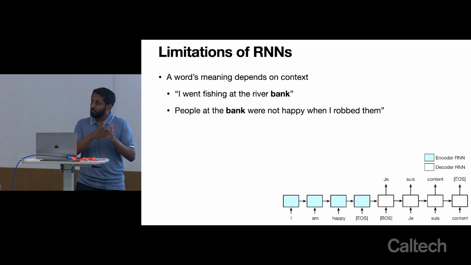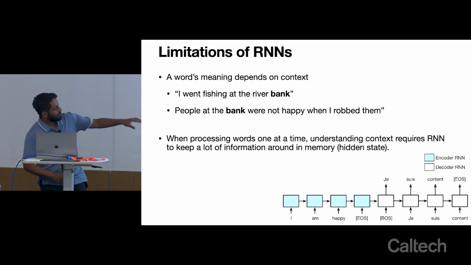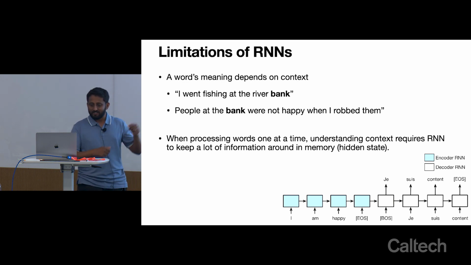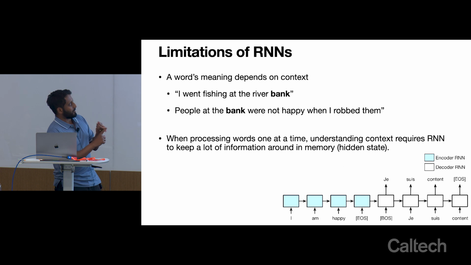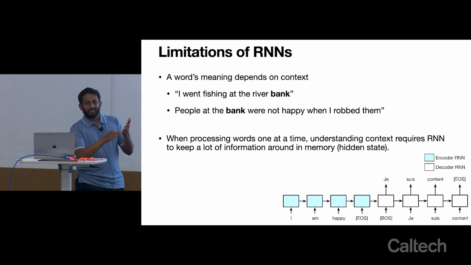But think about what the network needs to do to understand that word bank. Okay, so remember, the network is processing words one at a time. So if it was translating the sentence, it would get "people at the bank". And so now it has this word bank, which has some ambiguity around it. And then it gets "were not happy when I robbed".